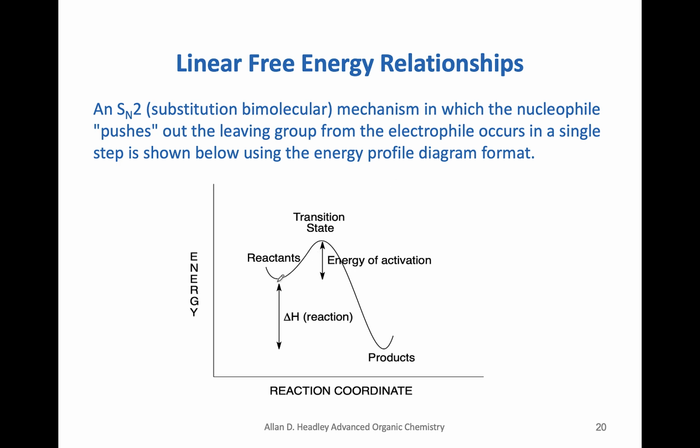So here we have reactants, the electrophile and the nucleophile, coming together to form the transition state and onto product. So this gap here represents the energy of activation. So in this case, since this is negative, electron withdrawing groups would favor it, electron donating groups would of course raise this, electron withdrawing group would of course lower this to make this a faster reaction.